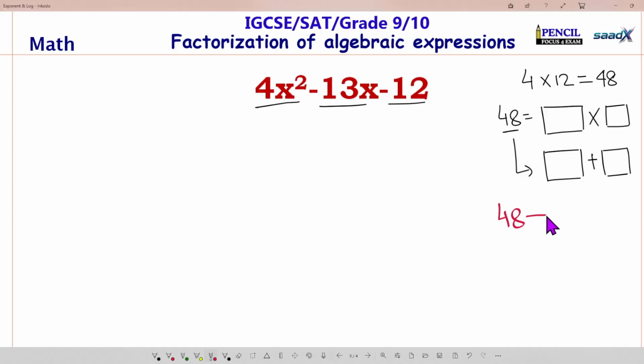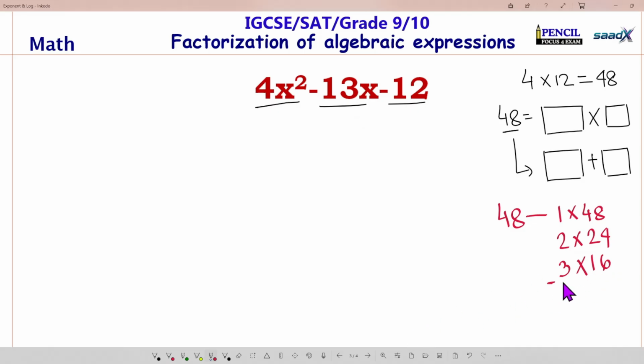Suppose 48 we can write as 1 times 48, but 48 minus 1 is not 13. 2 times 24. So 24 times 2 is 48, but 24 minus 2 is not 13. Then 3 times 16.